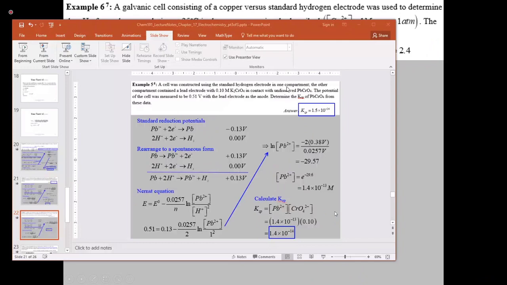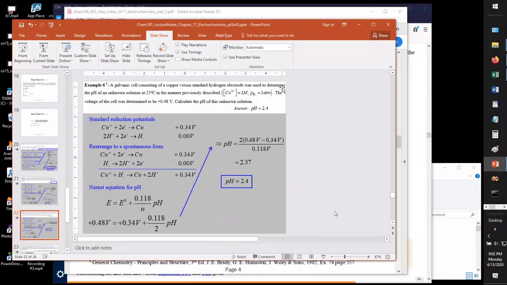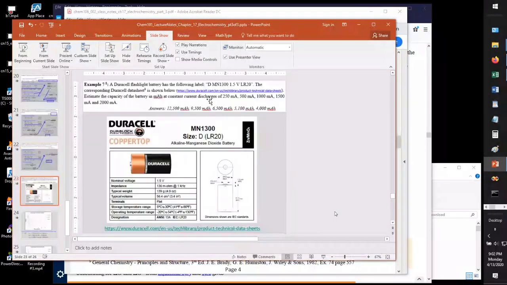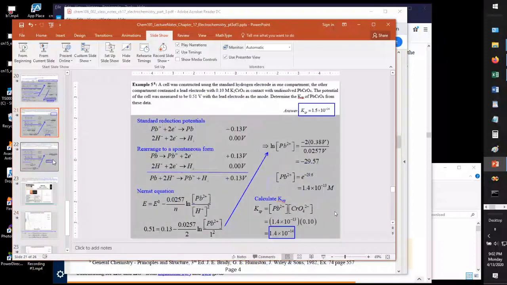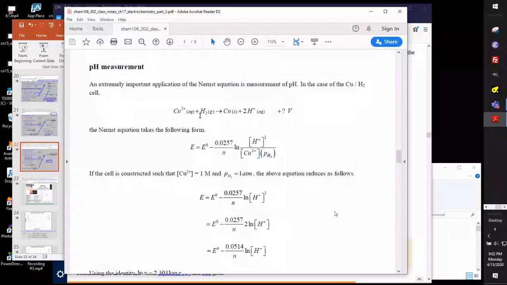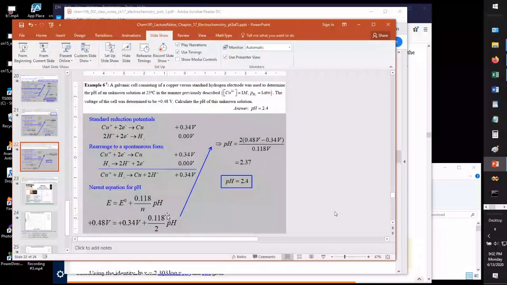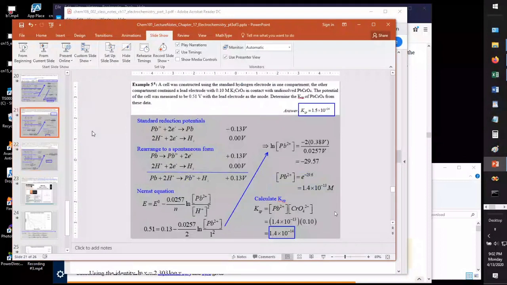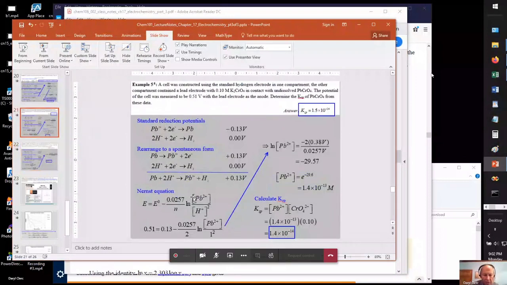Okay, so let's see the next one. It involves calculating pH. That's back here. pH measurement. So another thing we could do is measure pH. Notice in this last example here, notice that we have H plus in the Nernst equation.